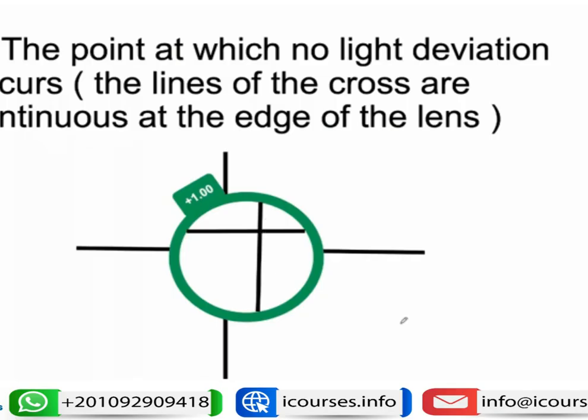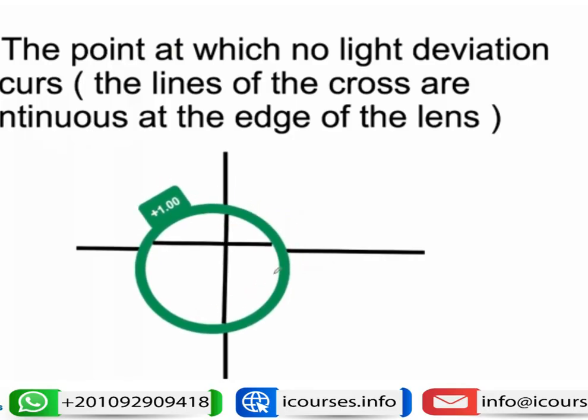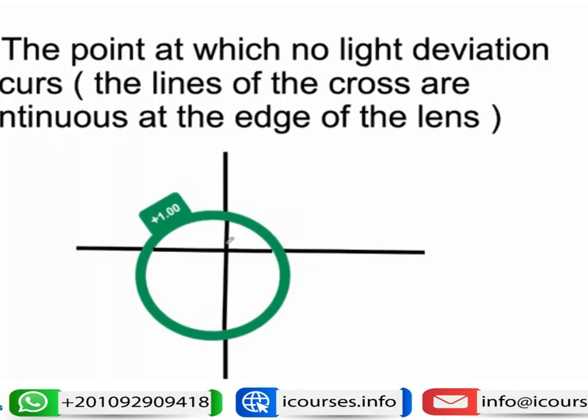So what will you do? You will move the lens vertically and horizontally so that the lines outside the lens coincide with the lines inside the lens. By doing this, you will now know the optical center of the lens by recording your movement.